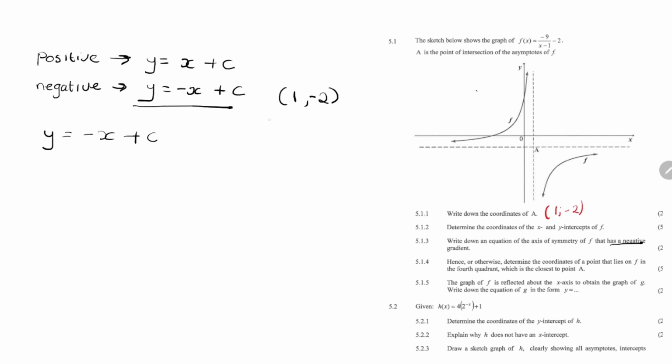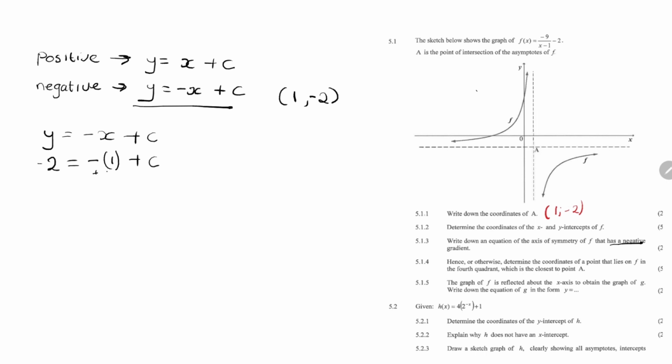For the value of y, we will substitute with a negative 2. So negative 2 equal to minus x. So for the value of x, we will substitute with 1. So we will have minus 1 plus c. So to find the value of c, we will have to take this minus 1 from the right hand side to the left hand side.